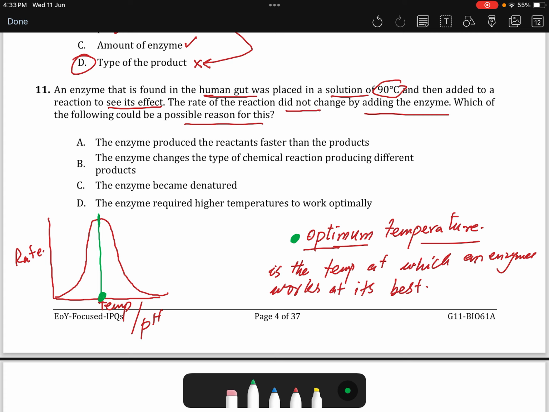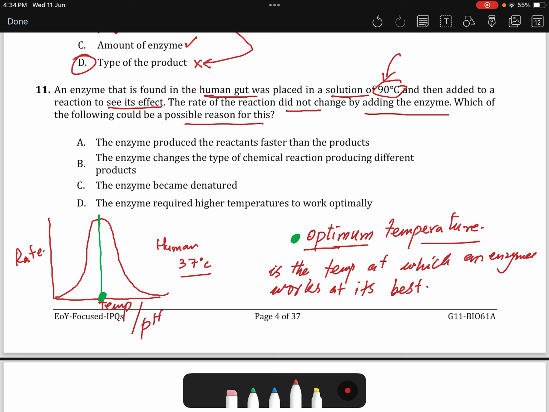Now imagine it was a human digestive enzyme. What should be the optimum temperature? The same as the body temperature, so around 37, 38. Now if you heat it more than that, as mentioned over here, at 90 degrees, what's going to happen?